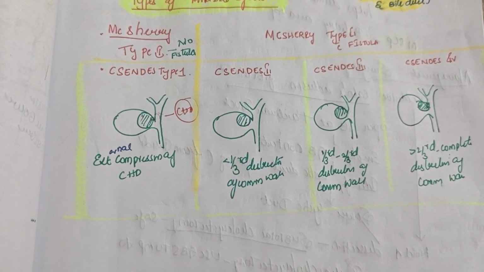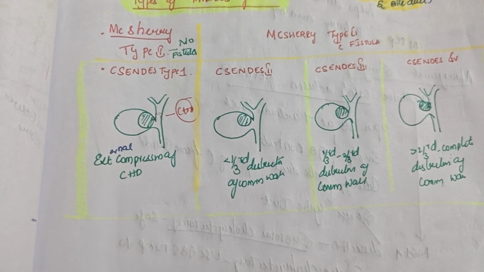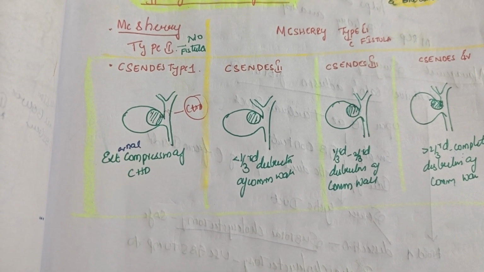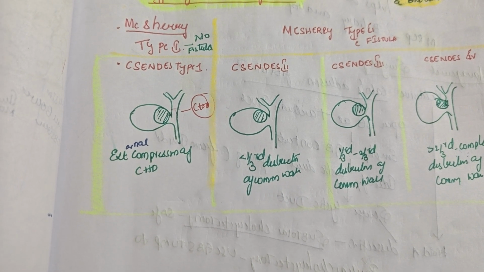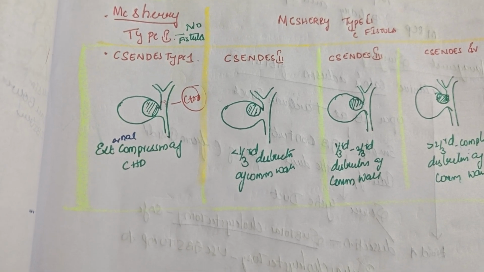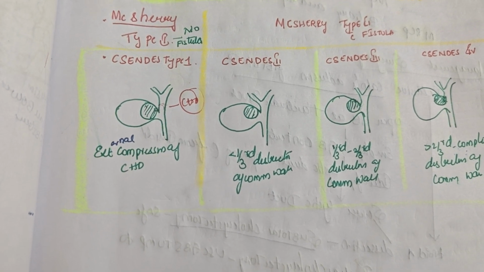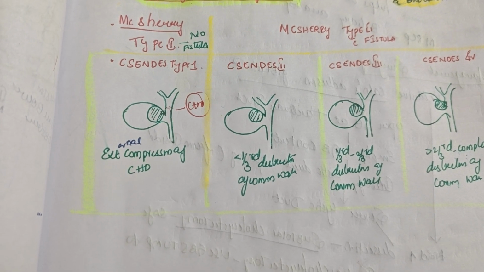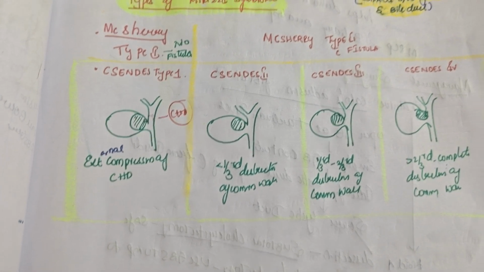What happens here is there is an external compression of the common hepatic duct. In type 2, the compression of the common hepatic duct is less than 1/3 destruction of the common wall. Remember, less than 1/3.